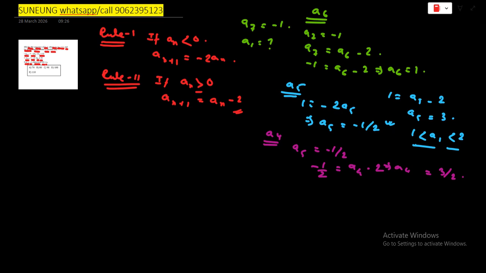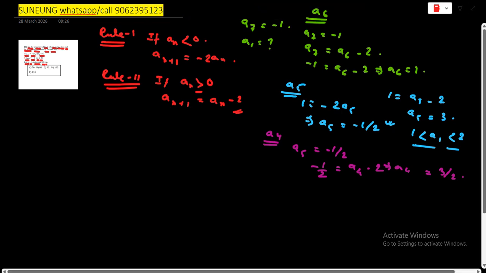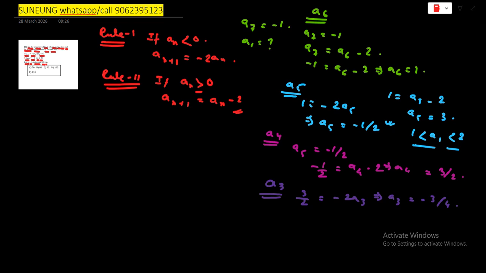Now we have to find a_3. 3/2 equals minus 2a_3, or a_3 is minus 3/4, or 3/2 = a_3 - 2, so a_3 will be 3.5, right?